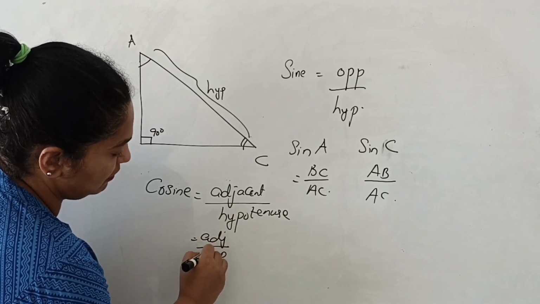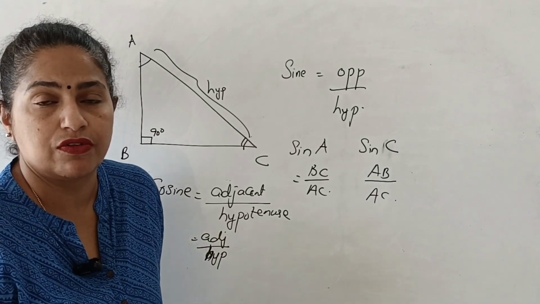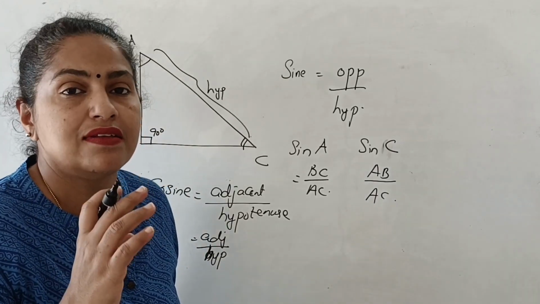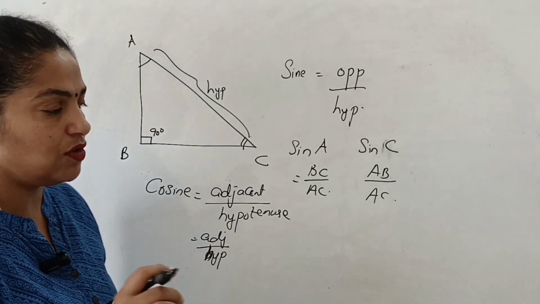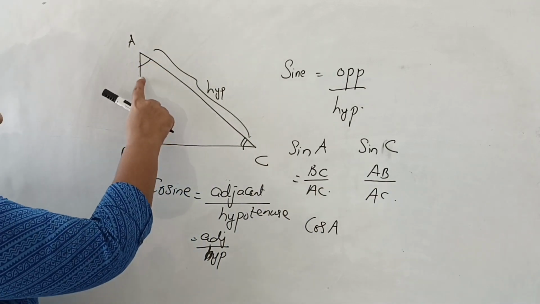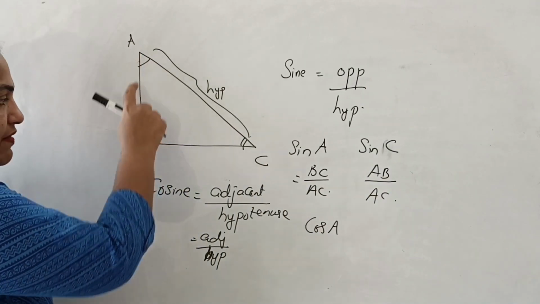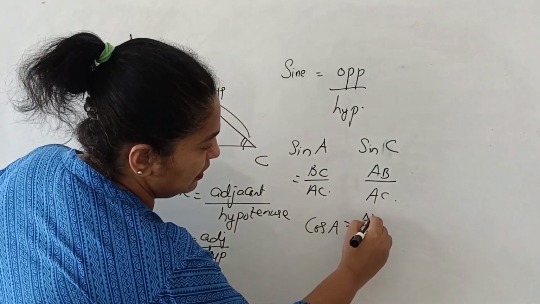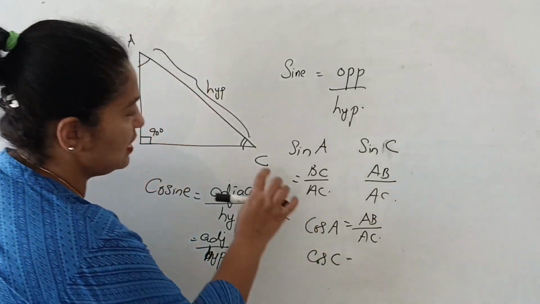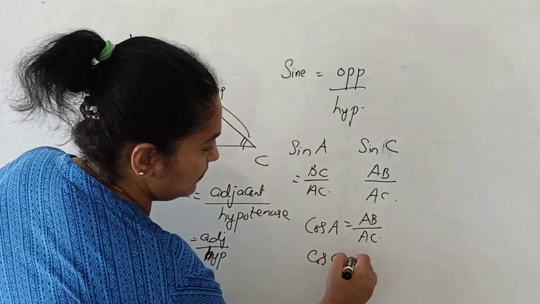Once you are familiar, adjacent side by hypotenuse. Sine is the opposite side by hypotenuse. Cosine is the adjacent side by hypotenuse. Now let us write down the value. What is cos A? This is cos A. This is A. What is the adjacent side? AB. Hypotenuse is not going to change. What is cos C? This is the adjacent side.